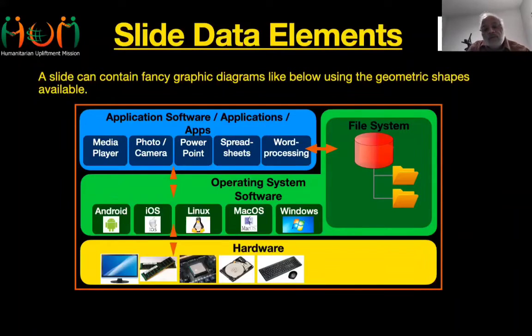I've used rectangular shapes with rounded corners, right? And then I filled some color in it. All of these presentation software give you geometric shapes. You can also fill color. You can change the size of the different geometric shapes once you have inserted them.